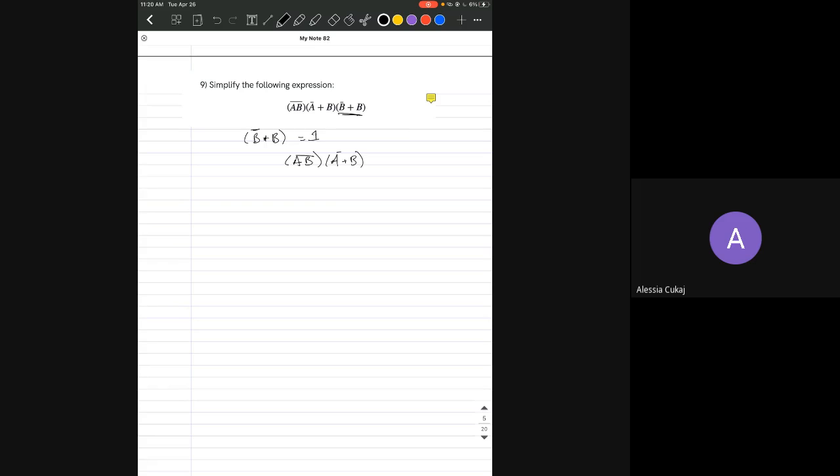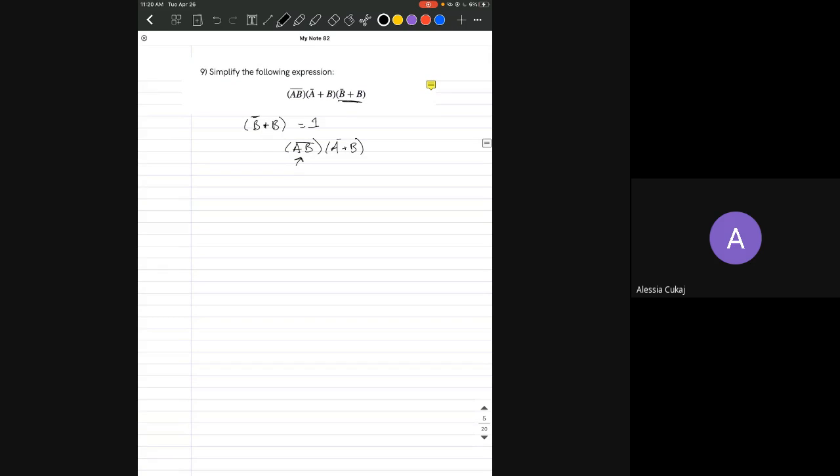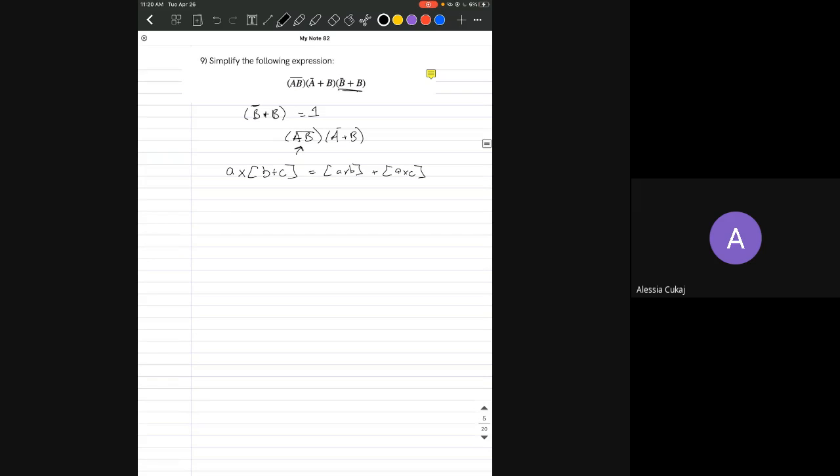We're looking to break apart this part using the theorem a times b plus c, which is equal to a times b plus a times c. Once we fit into this, I just have it memorized, and it's a lot easier and saves a lot of time.